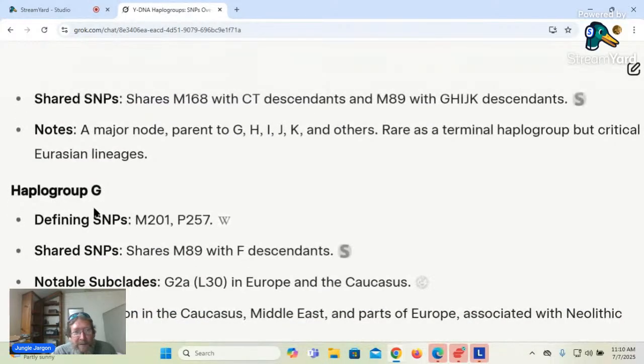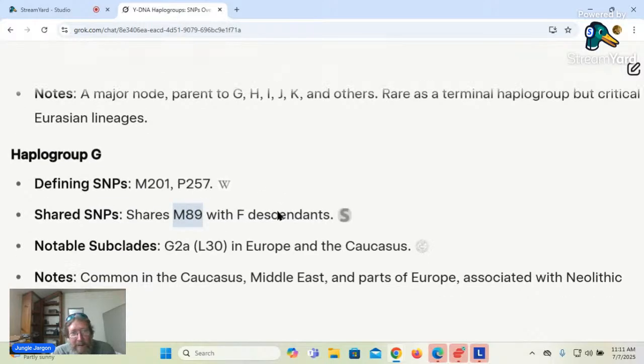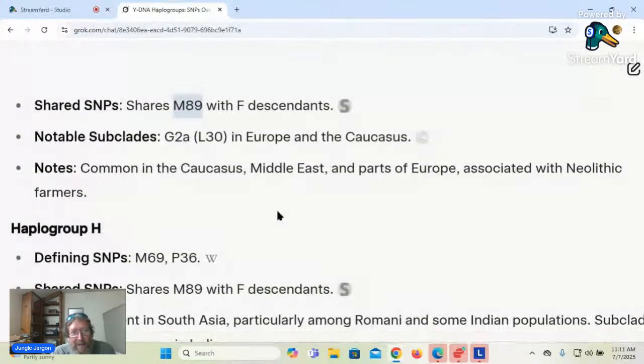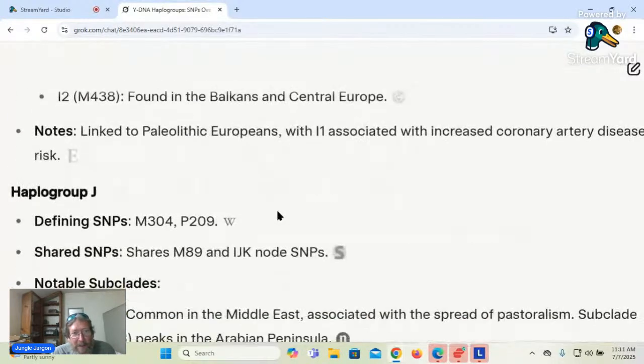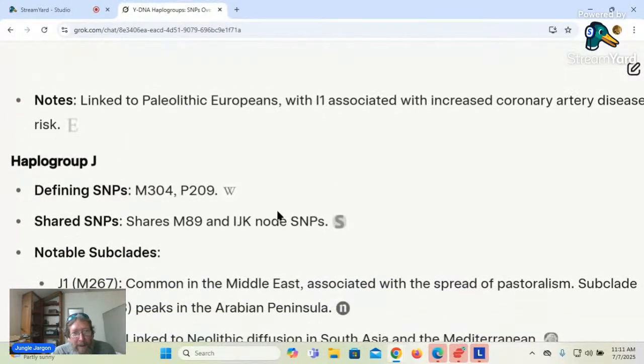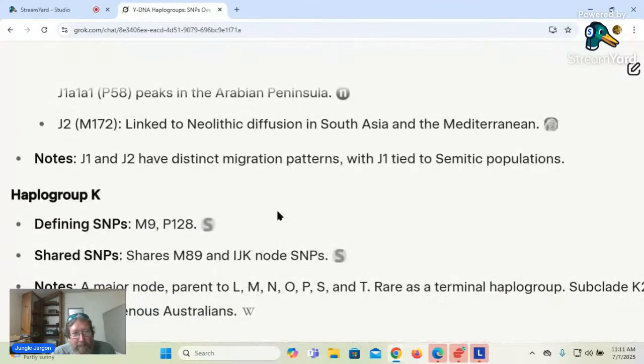So does GHIJK. It doesn't have a different defining marker. It has its own marker downstream, but it doesn't have its own initial defining marker. It has the same marker, M89, as F and H and I and J and even K.